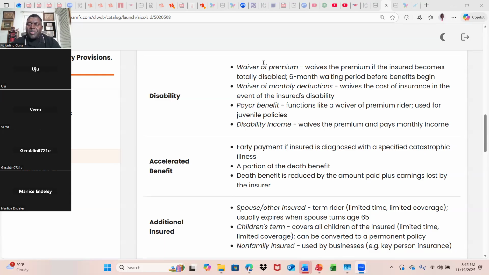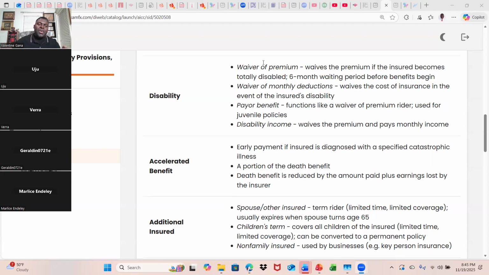So waiver of premium is when the insured who is the owner becomes disabled, the insurance company, once they become disabled, doesn't require them to pay premiums until they get well. All right, how about payer benefit? Payer benefit is when a juvenile or somebody else is the insured on the policy, but the owner is the payer.